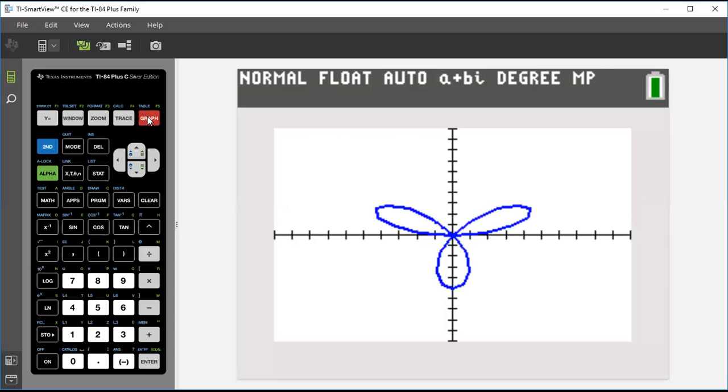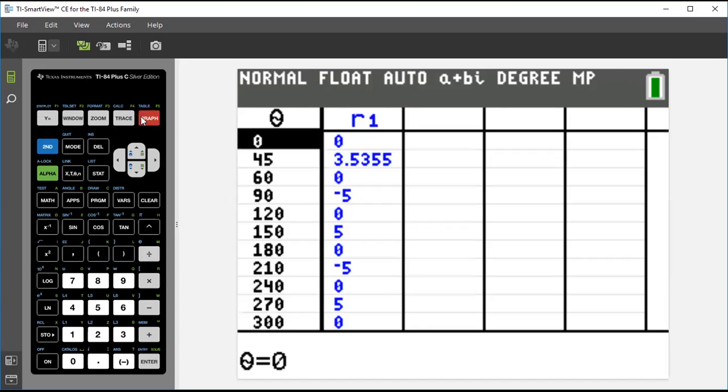What do you guys think? Is it cute? So you have 3 petals just like that. And obviously, as you change your coefficient in front of theta, you will have more petals. Okay, so if I go to my table here, all my output values, you can copy down as many of those as you'd like. And then I'm going to go and create my picture.